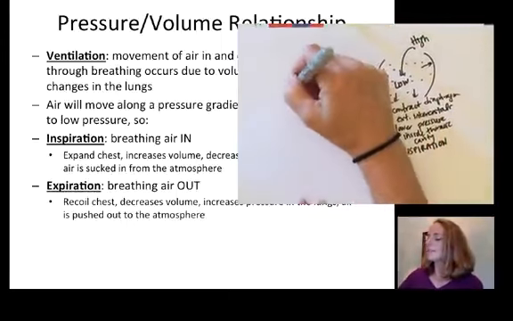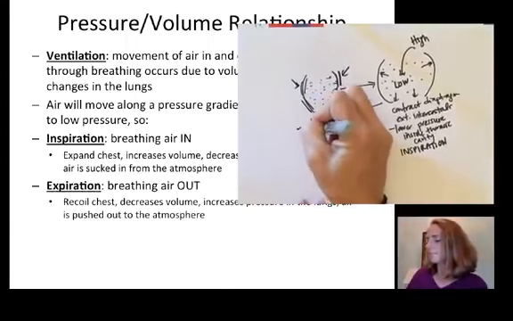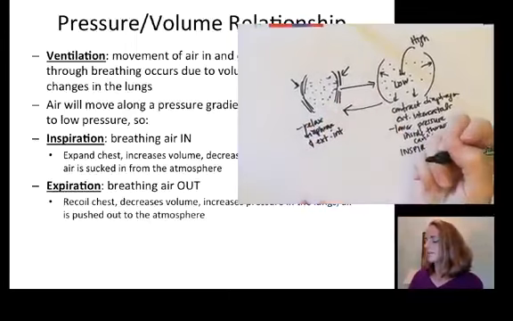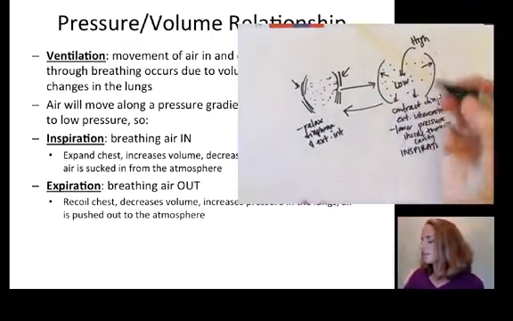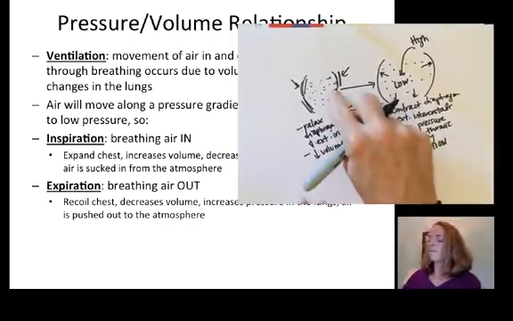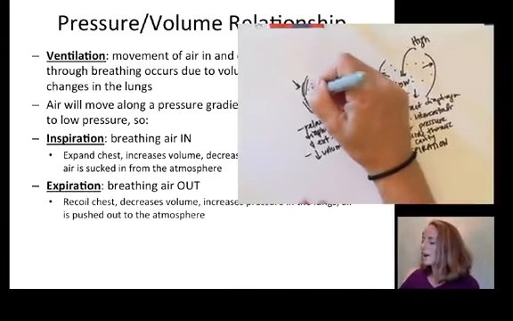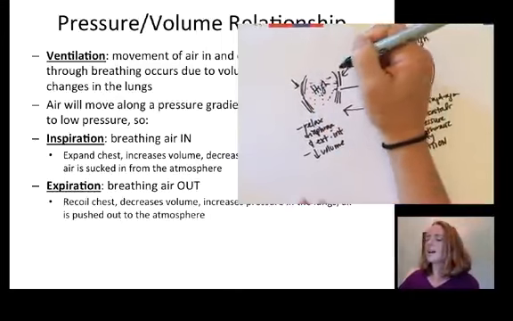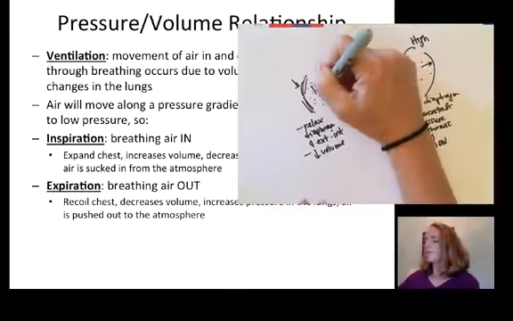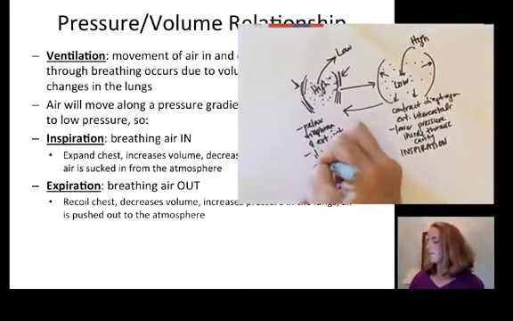When we compress the thoracic cage by relaxing the diaphragm and relaxing the external intercostals, then that decreases the volume of the chest cavity, and that causes higher pressure inside, which will then create a gradient for the air to move from high to low outside. So that is expiration.